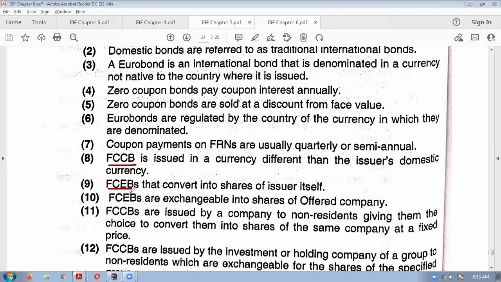It can come in MCQ. FCCB means foreign currency convertible bonds. FCEB means foreign currency exchangeable bonds.